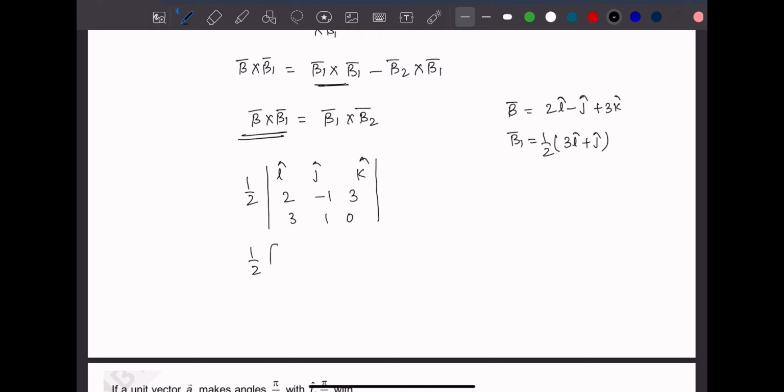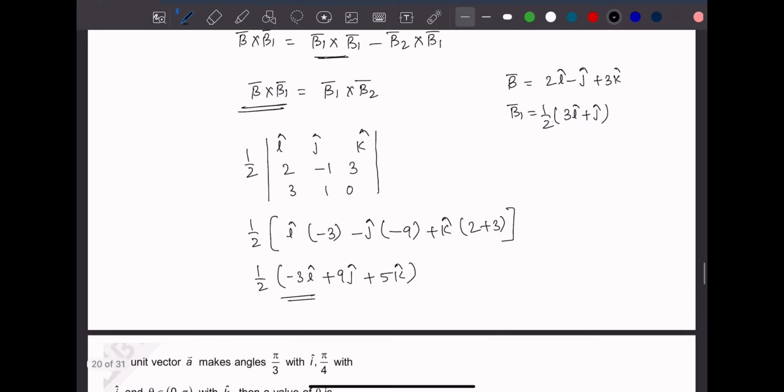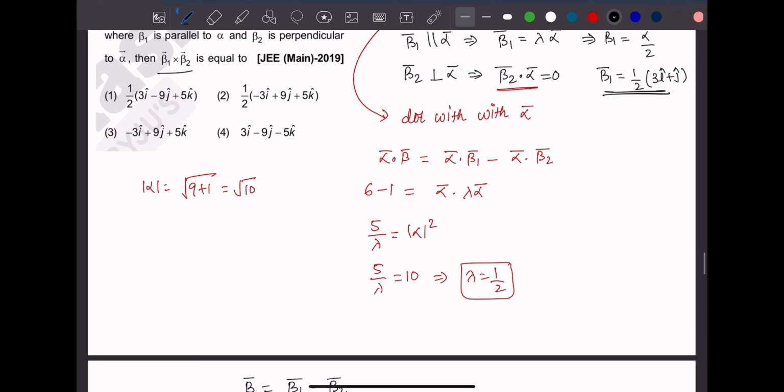So half times i cap, which is minus 3, minus j cap, which is minus 9, and plus k cap, which is 2 plus 3. So finally we got half times minus 3 i cap plus 9 j cap plus 5 k cap, which means option number 2 is our correct answer.